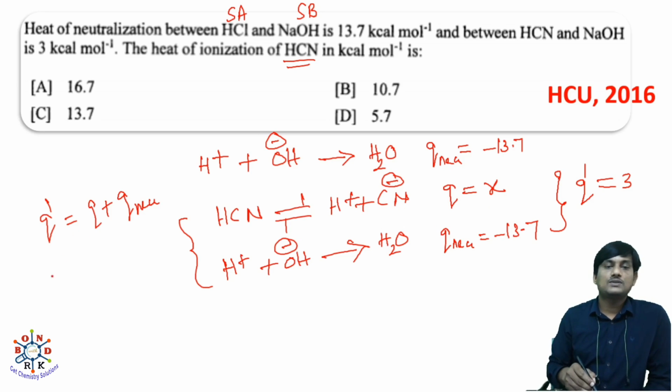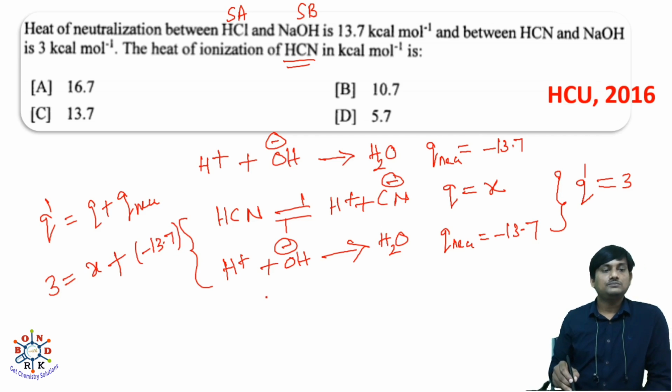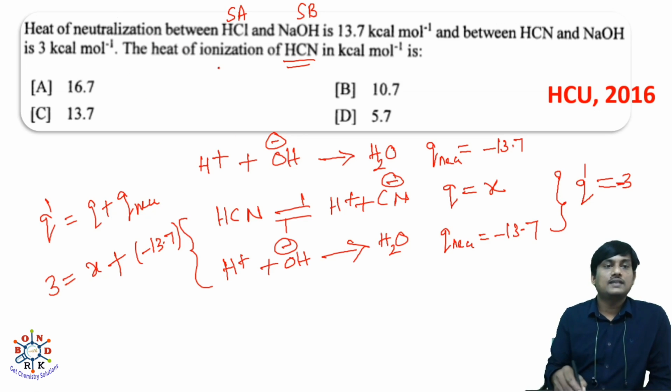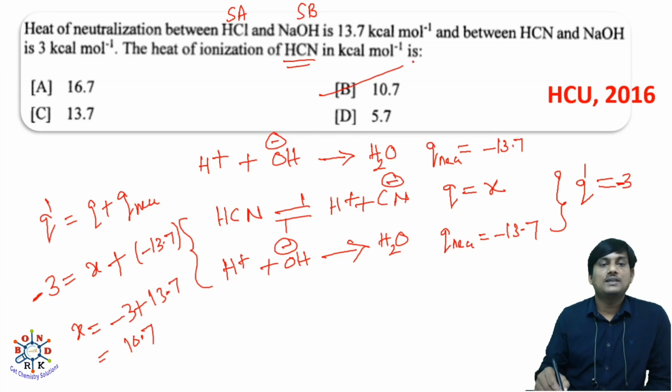So what is the Q dash value? 3, and Q you have to find out, and this one is minus 13.7. So finally, what is the X value? Here you have to take Q dash is equal to minus 3. Always heat of neutralization is negative. So this one also minus 3. So finally X is equal to minus 3 plus 13.7. So you will get 10.7. Okay, B is the correct option.